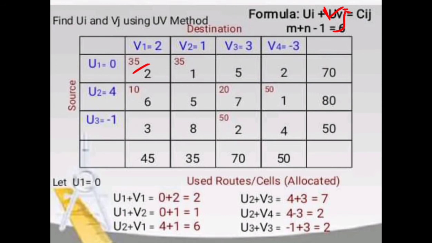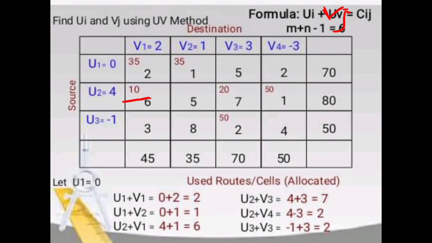The next allocated number is here, number 1. To find the V2, U1 added by V2, so 0 plus 1 is equal to 1. Next is the first column of the second row, U2 and V1.